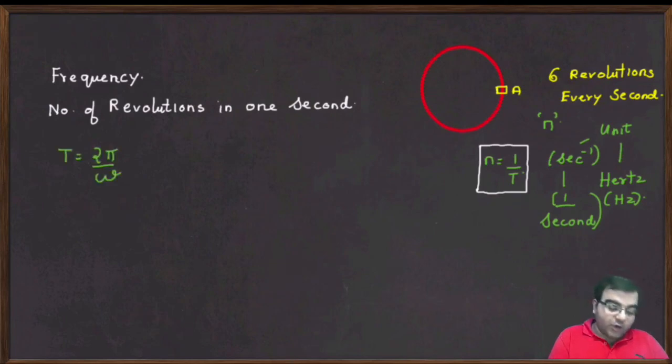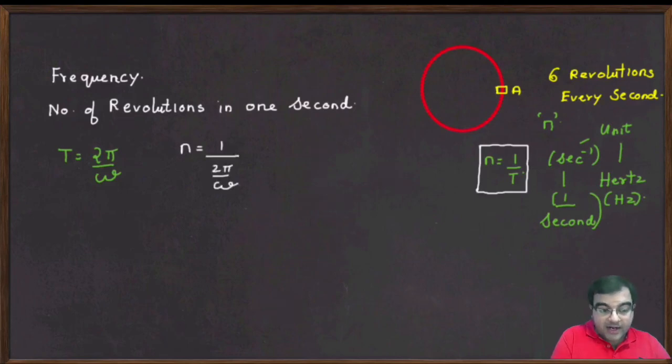Now we know this formula, T is equal to 2 pi upon omega. Now if I want to find out n, the formula was 1 upon T. So instead of this T, I can put 2 pi upon omega. What's the formula for n here? 1 upon T. So instead of T, I can put what? 2 pi upon omega.